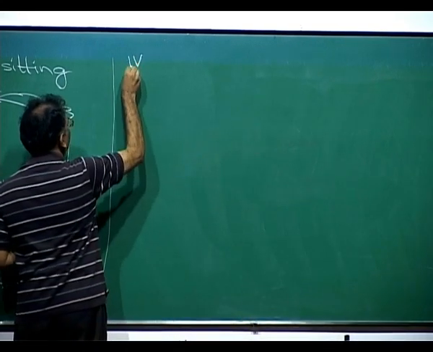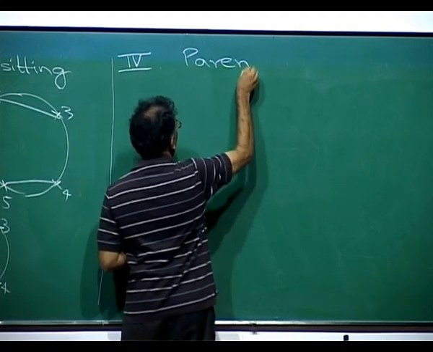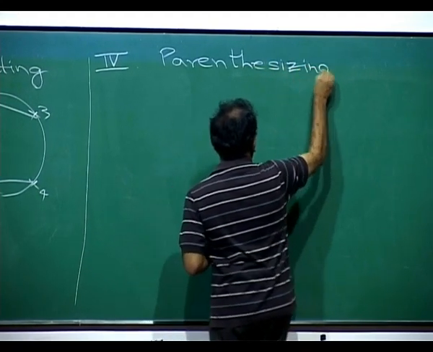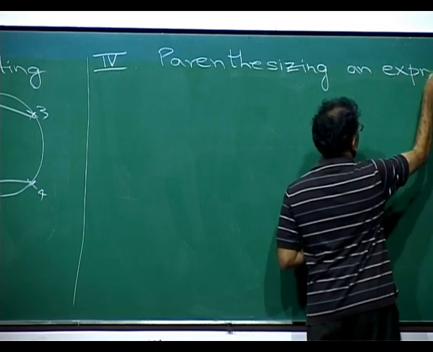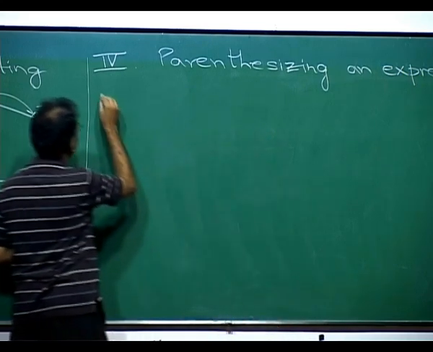So this is the fourth: parenthesizing an expression with n plus 1 terms.